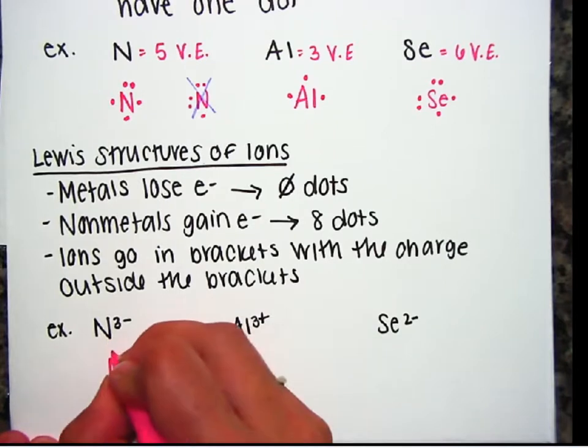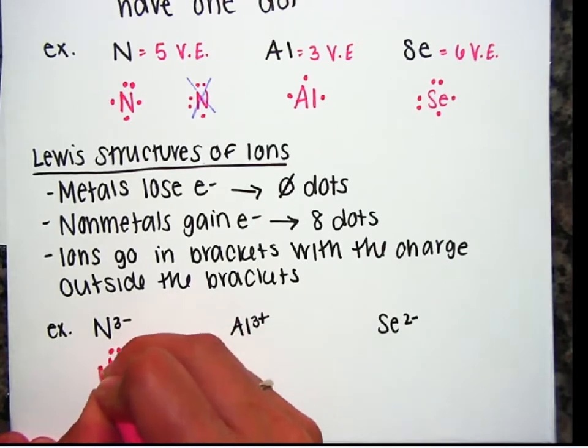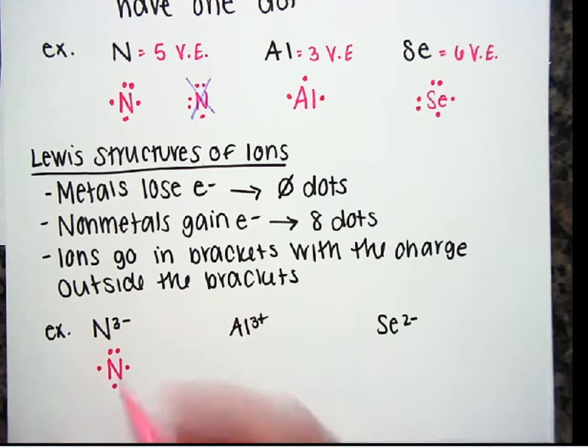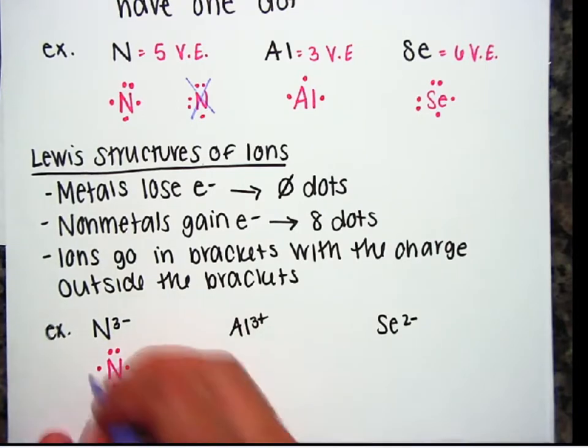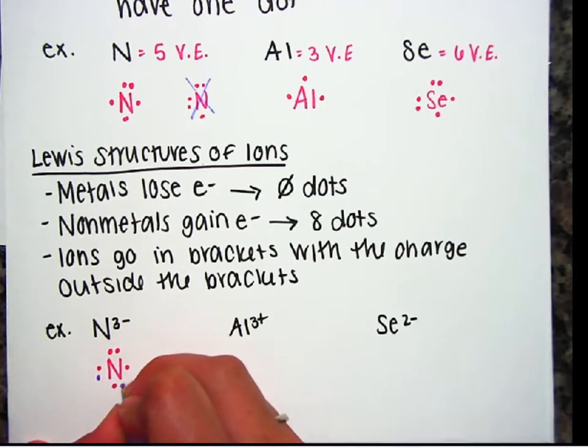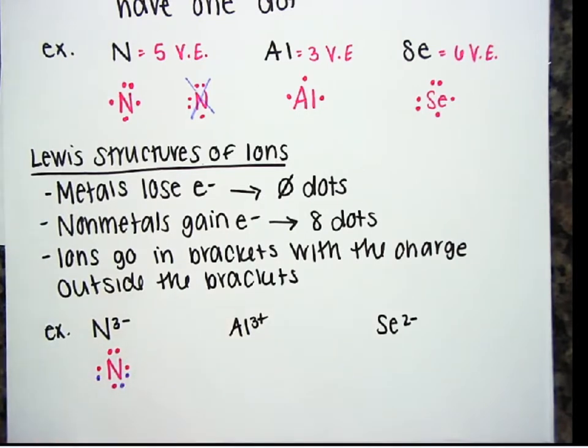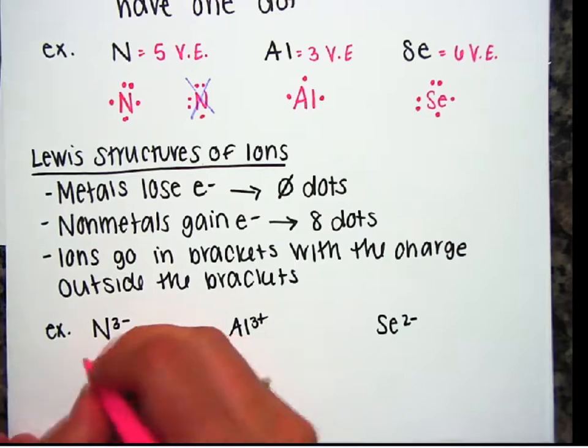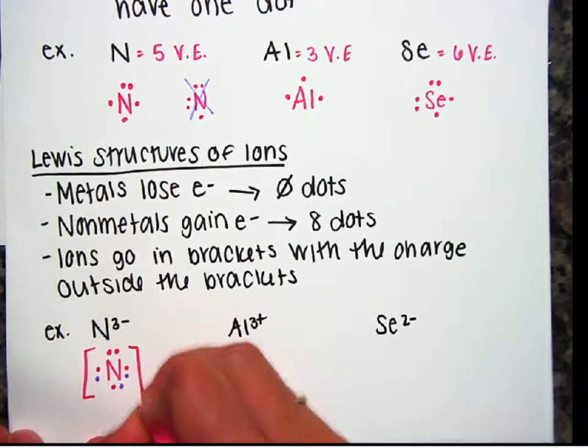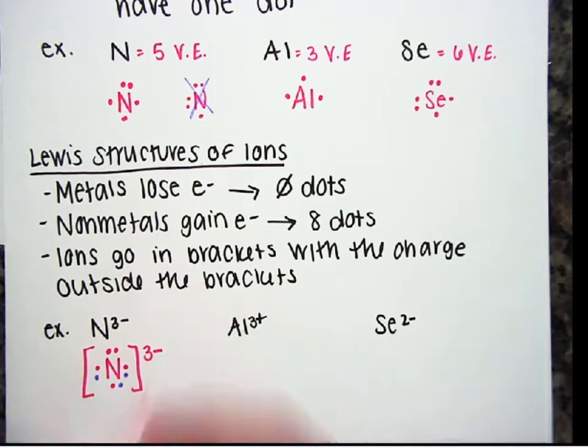So nitrogen, we said, as an atom, it's in group 5, so it has 5 valence electrons. If its charge is 3 minus, that means it gained 1, 2, 3 electrons. And if it gains 3 electrons and electrons are negative, that's where that 3 minus charge comes from.